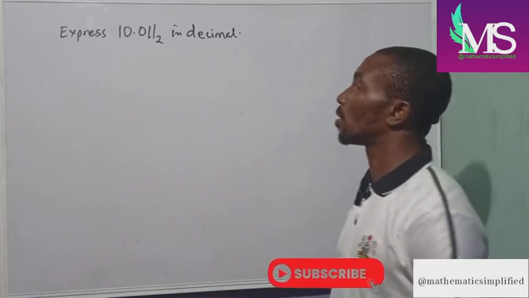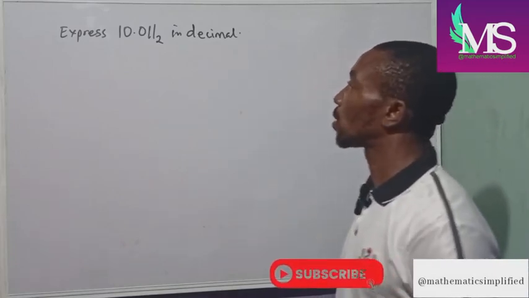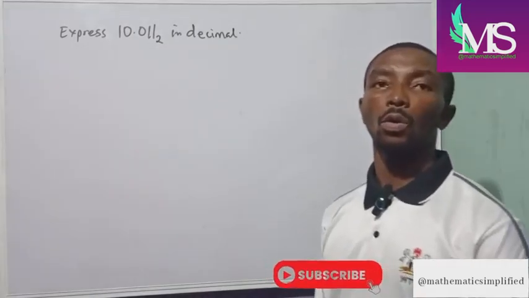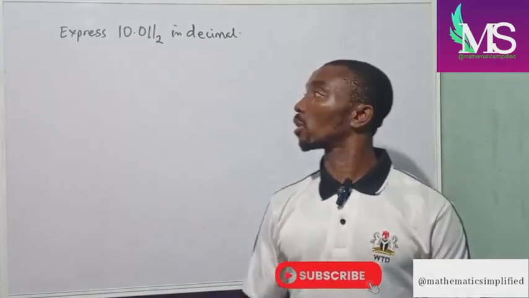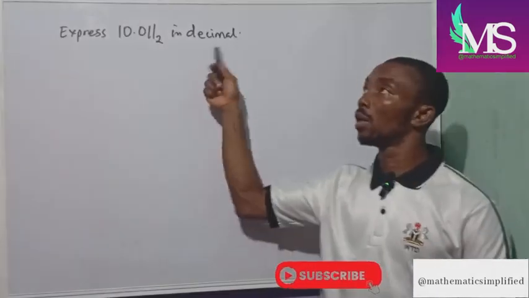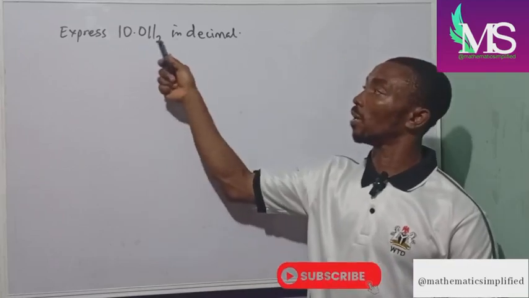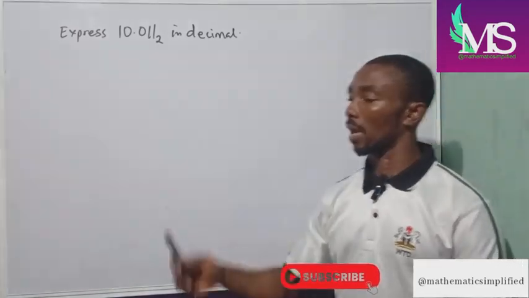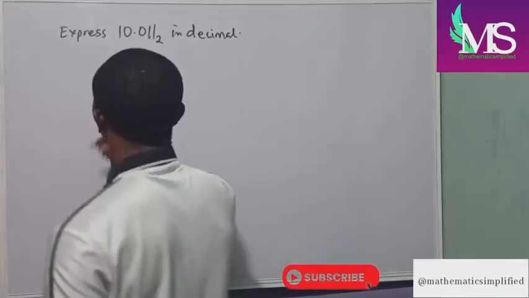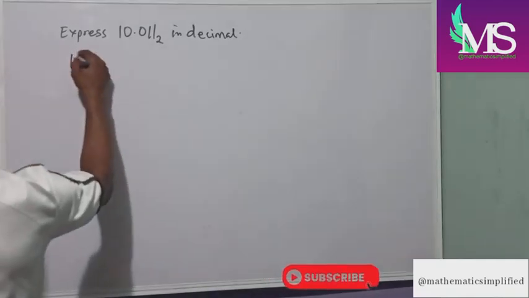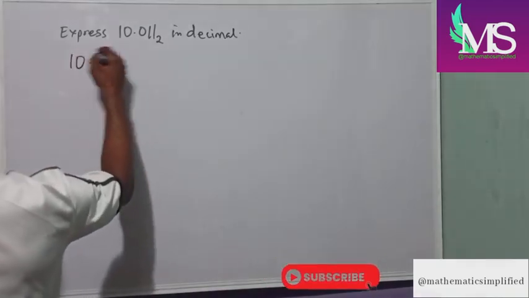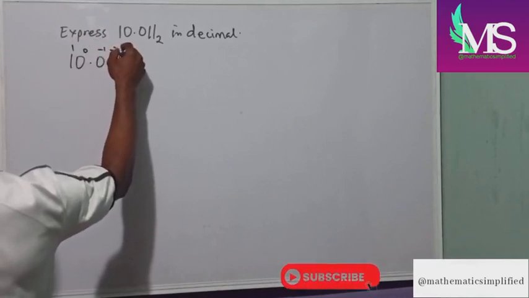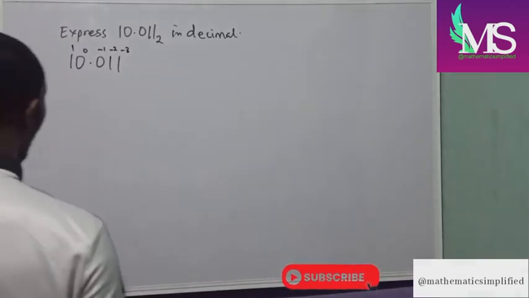Express 10.011 base 2 in decimal. Whenever we're asked to express something in decimal, it means we should convert it to base 10. In converting this to base 10, the digits have positions 1, 0, then point, and minus 1, minus 2, minus 3.